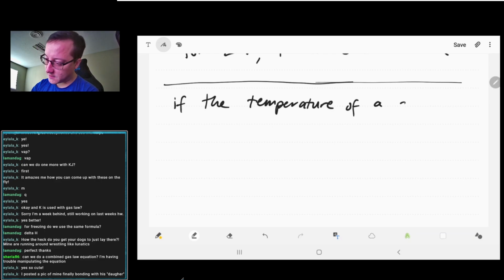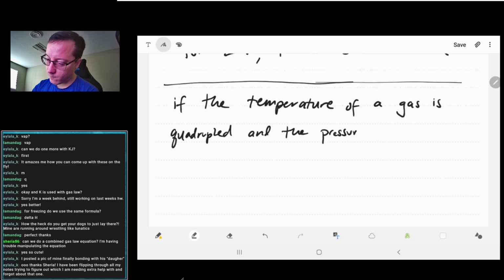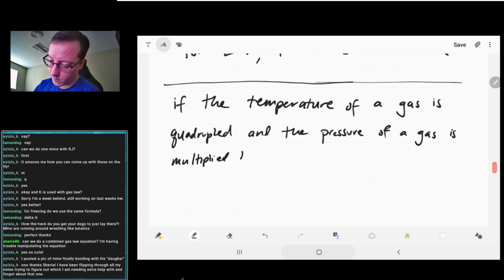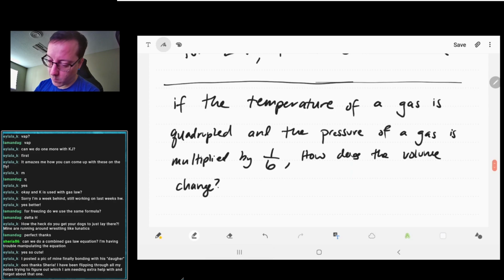If the temperature of a gas is quadrupled, and the... Yep, cool.